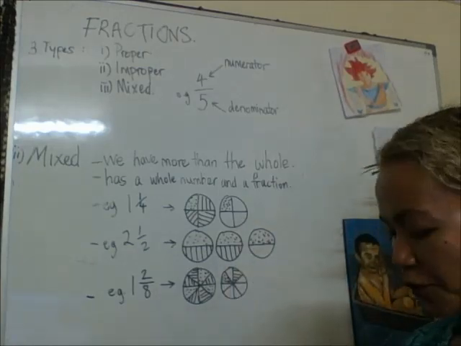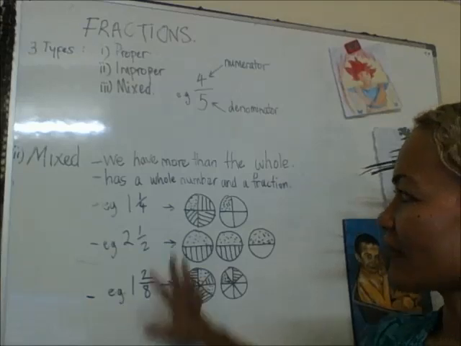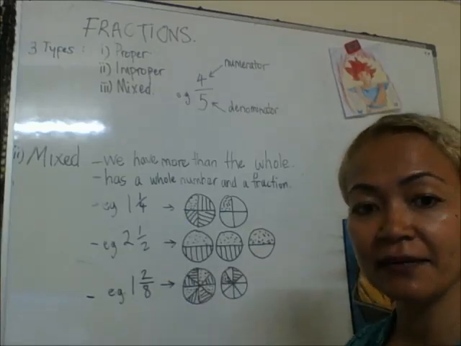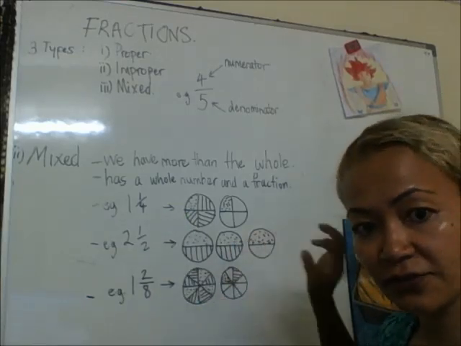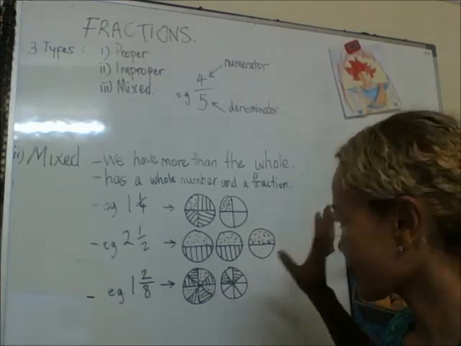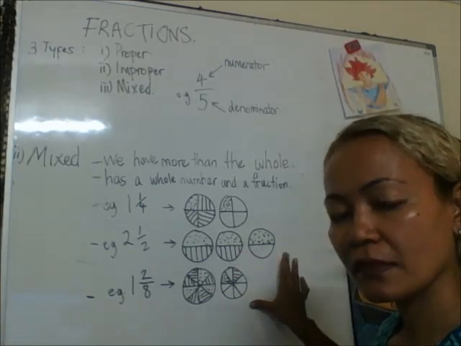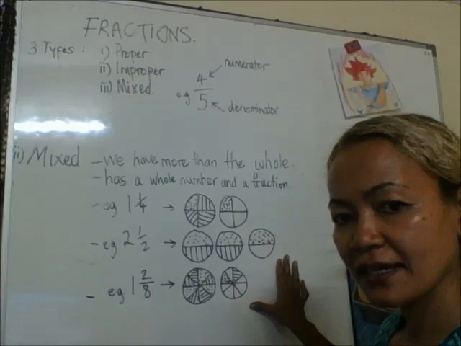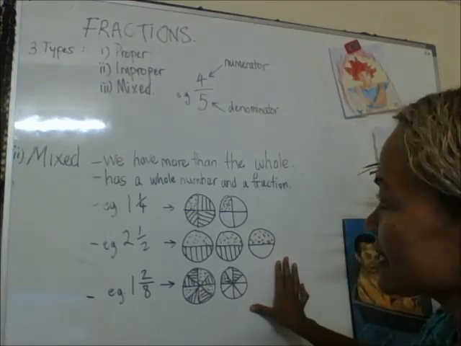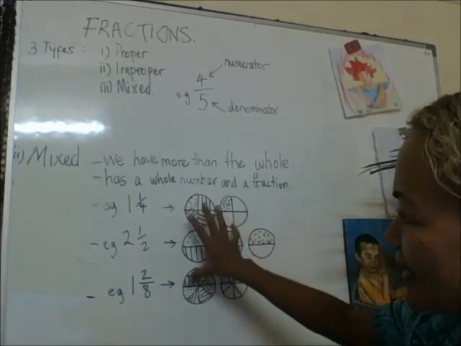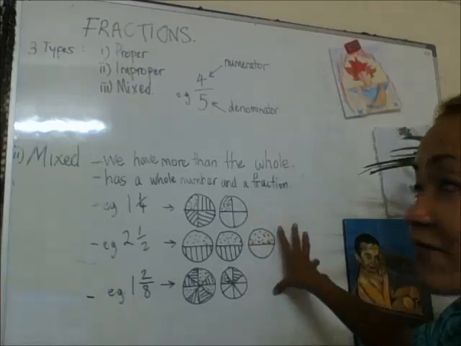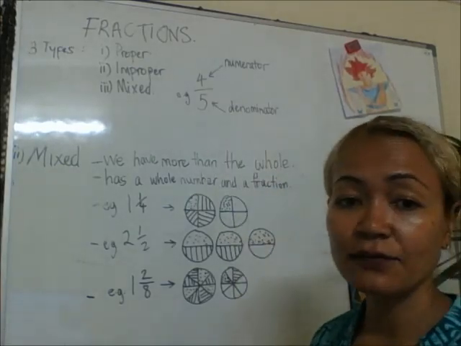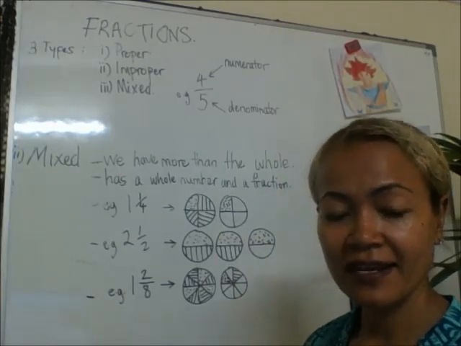So that's just to show mixed fraction, a graphical illustration of mixed fraction. Now, one of the things that you will see here is these drawings are very similar to the drawings I did for improper fractions.